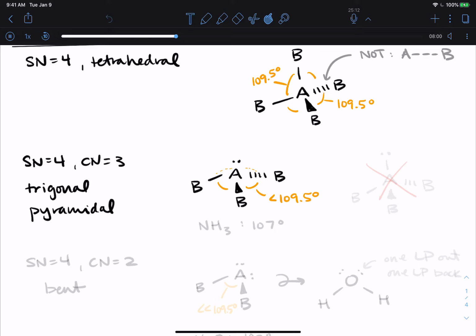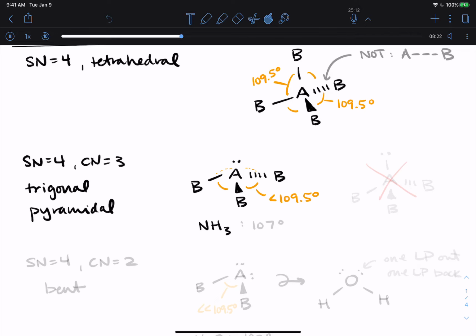And I do have a specific example here for you. So you should find, and maybe this looks familiar from when we were doing Lewis structures, right? When you did the Lewis structure for NH3, it had a lone pair on the central atom and then 3 bonds. So nitrogen had a steric number of 4, but a coordination number of 3.